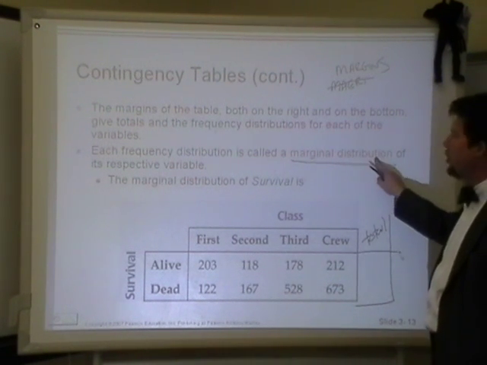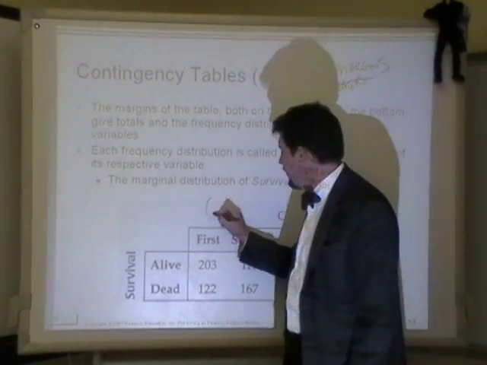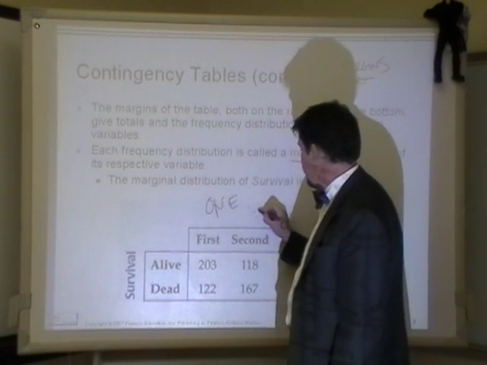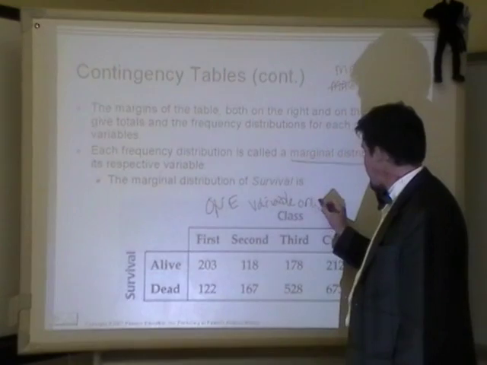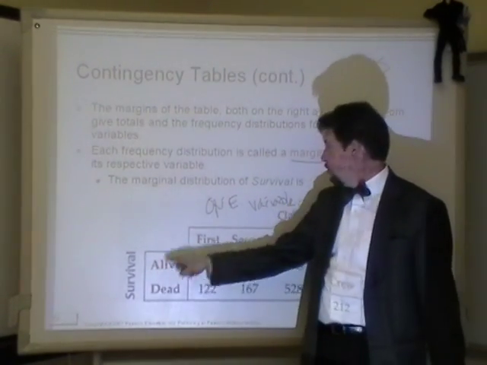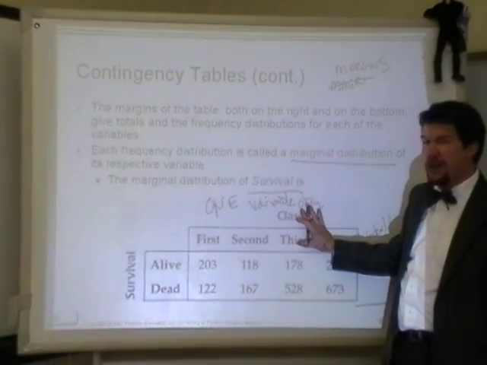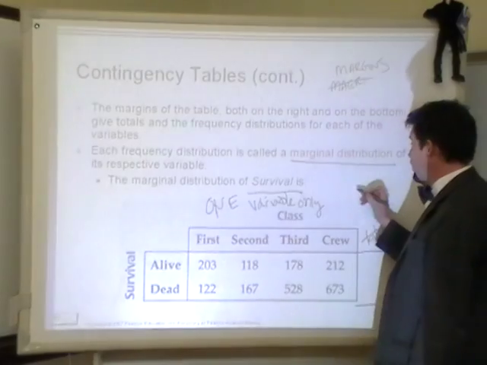When we talk about the marginal distribution of survival, we're taking a look at one variable only. And that variable is the variable survival. And our question is, how does that variable break down? What is the data that is in the margins for survival? And your choices are here.